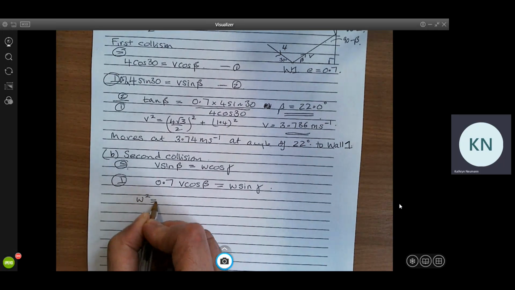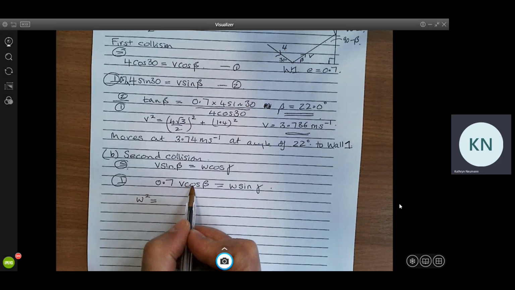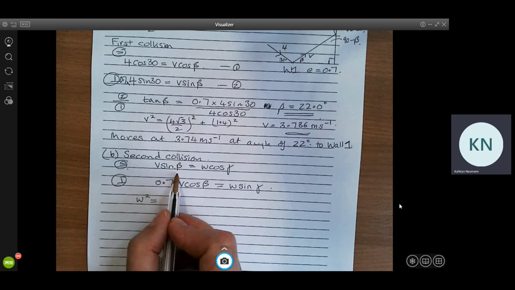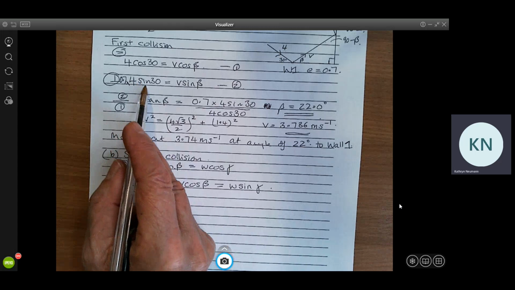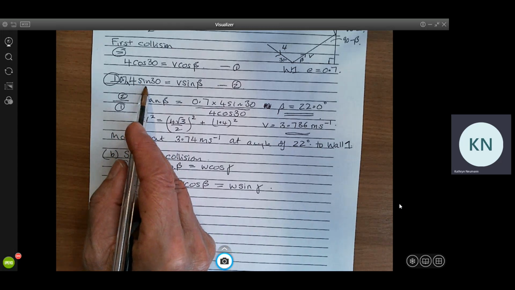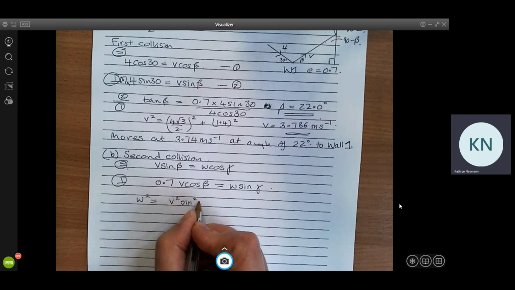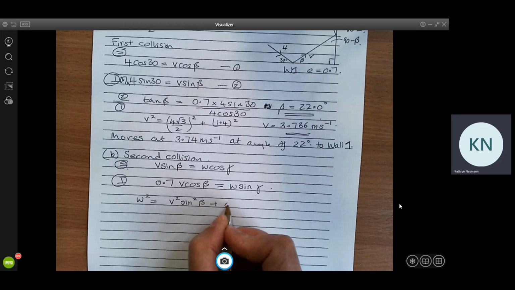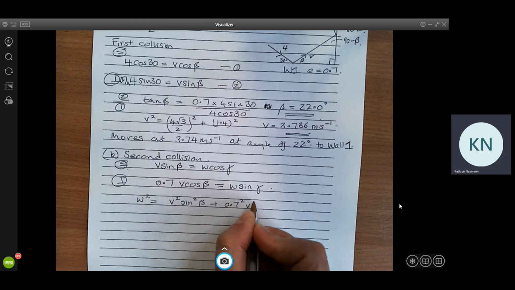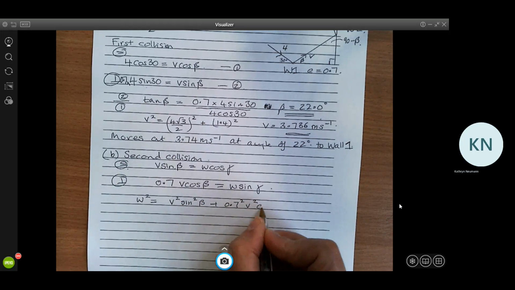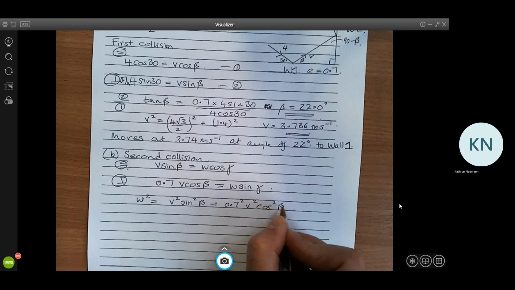So W squared is going to be this squared plus this squared, and we've got some of these values up here, so you need to use as exact values as you can.